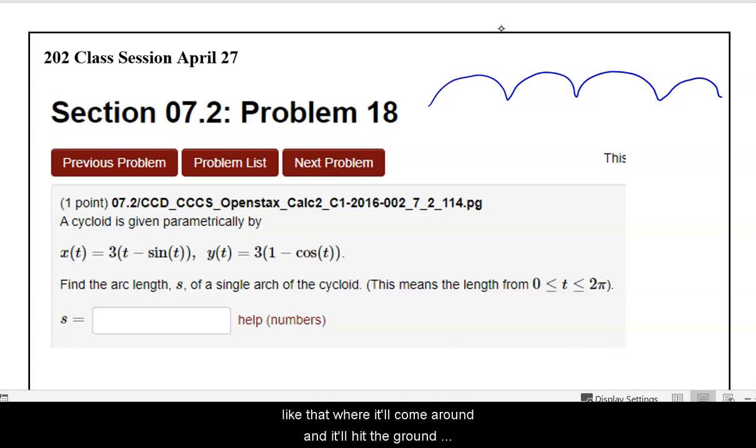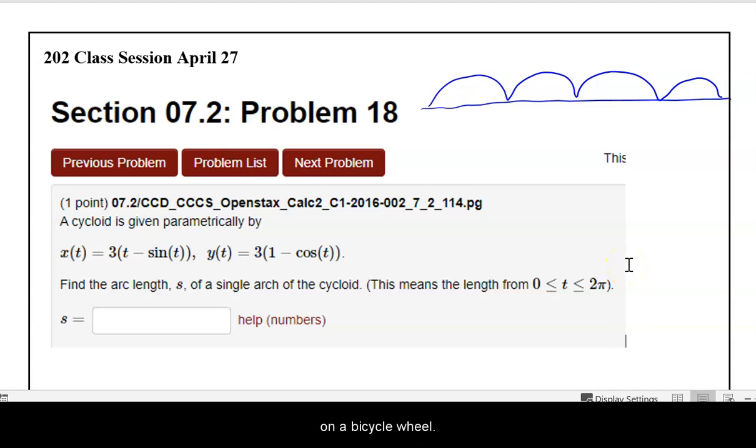If you put it on the rim, it looks like that, where it'll come around and hit the ground, with the ground being the horizontal line. If you place it higher up, then it doesn't hit the ground because that point on the wheel never comes to the ground. So you can get different shapes of cycloids by placing the marker in a different position on the wheel, like on a spoke on a bicycle wheel.